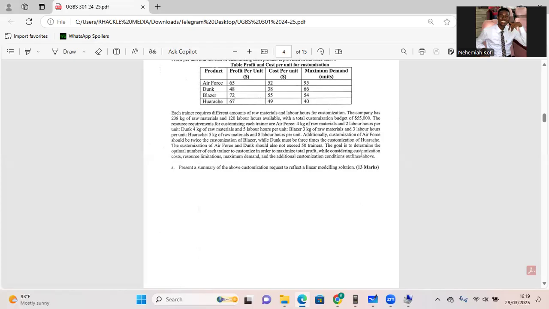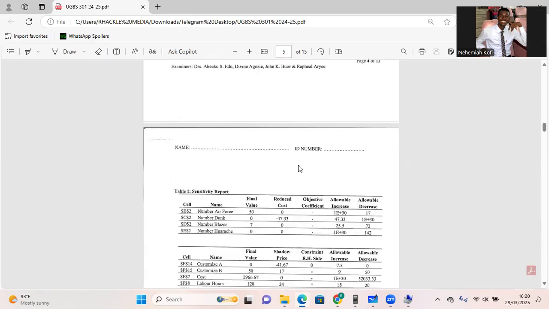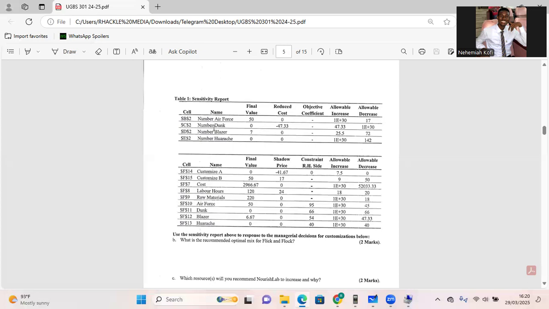The goal is to determine the optimal number of trainers to customize in order to maximize total profit, while considering customization costs, resource limitations, maximum demand, and the additional customization conditions outlined above. First, they are telling us to present a summary of the above customization to reflect the linear programming solution.